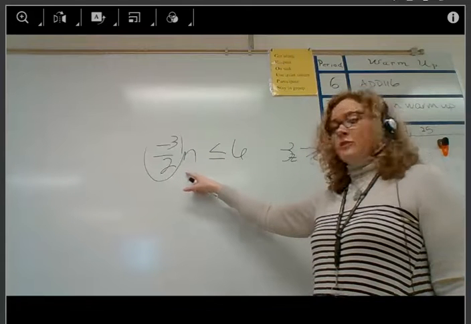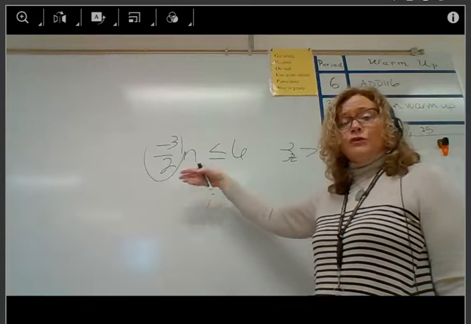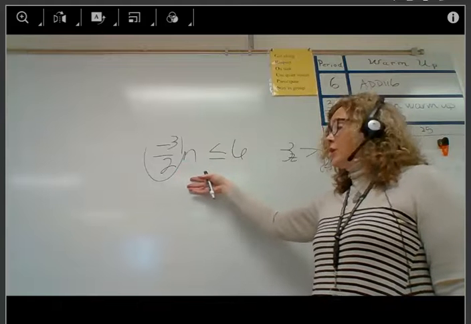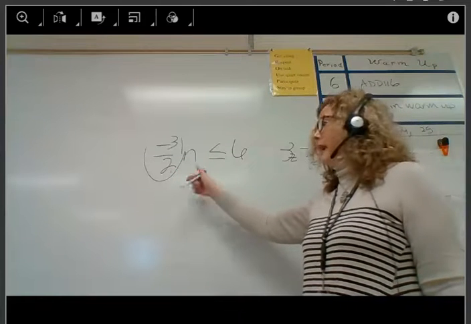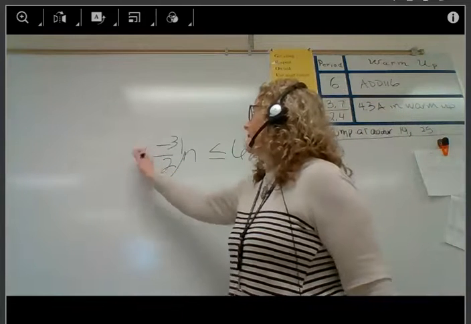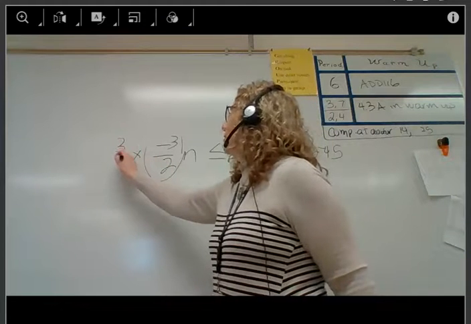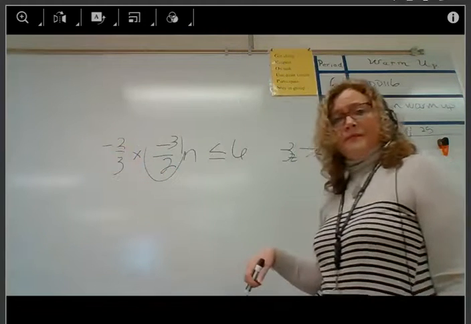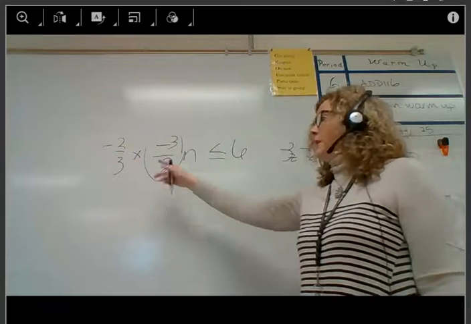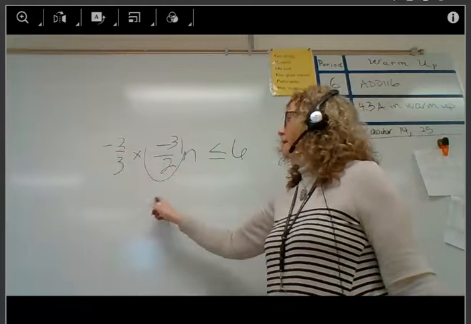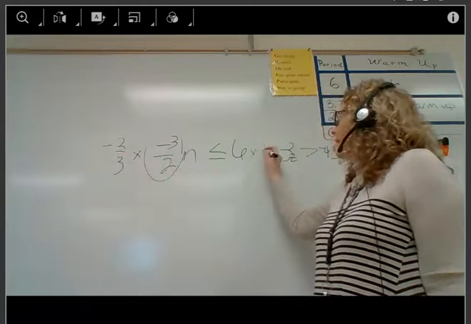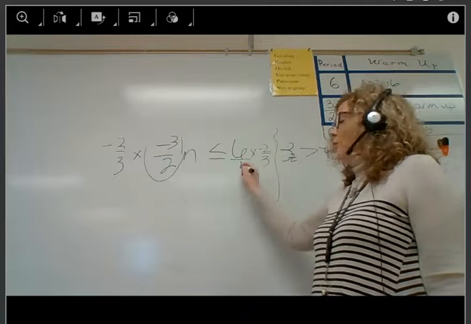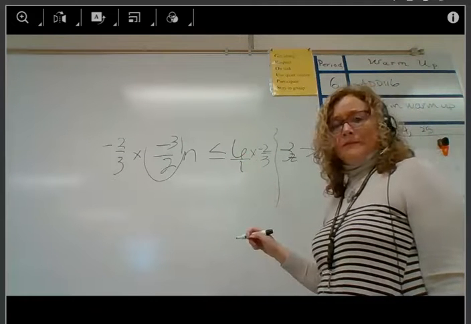But if you're going to do it by hand, usually division changes to multiplication by the reciprocal. So I would multiply by the reciprocal, and I would flip it to 2/3. But because it's negative, I would still leave it negative. So we're going to multiply by negative 2/3 because 2 negatives will make a positive. And over here, I'd have to multiply by negative 2/3, remembering that this is 6 over 1. Okay?